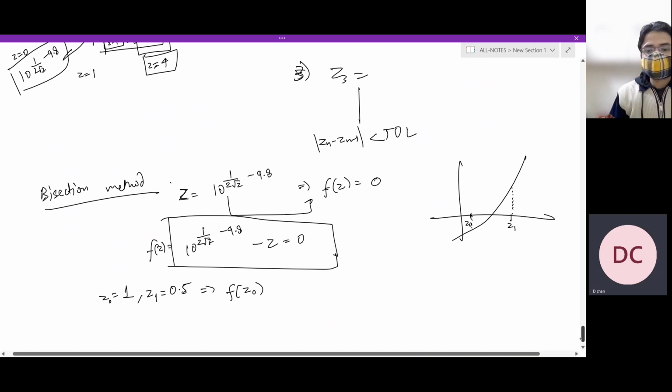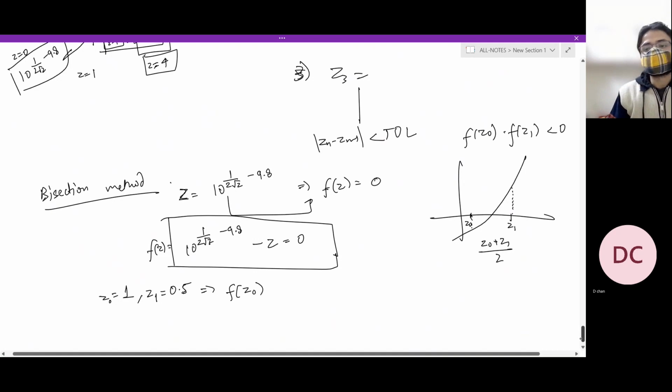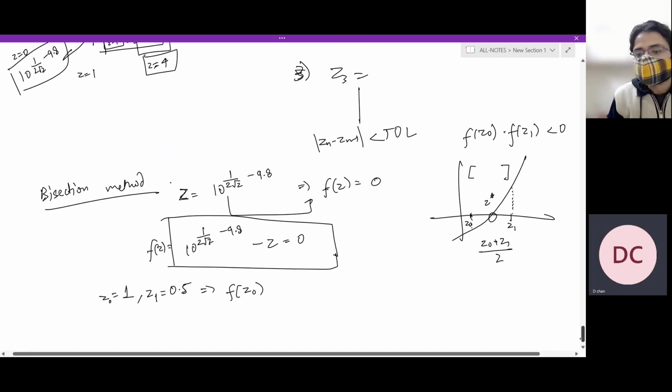Then the next step would be that you take Z0 plus Z1 minus Z1 divided by 2, given that f of Z0 times f of Z1 is less than 0. Okay, so what we are targeting is that we want to bracket our root, let's say Z star, between two values at every iteration.